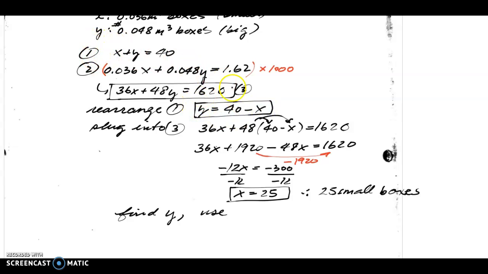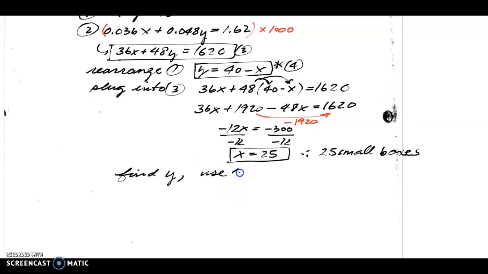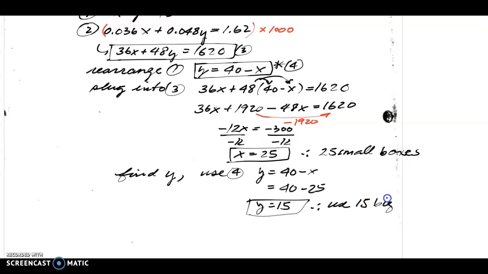We could use equation 1 or the one that we already prepared right here, which I'll call equation 4. Use equation 4. That's going to be y equals 40 minus x. I plug in my 25. So y is equal to 40 minus 25. Well, 40 minus 20 is 20, so this is going to be 15. Ta-da! Therefore, she uses 15 big boxes.